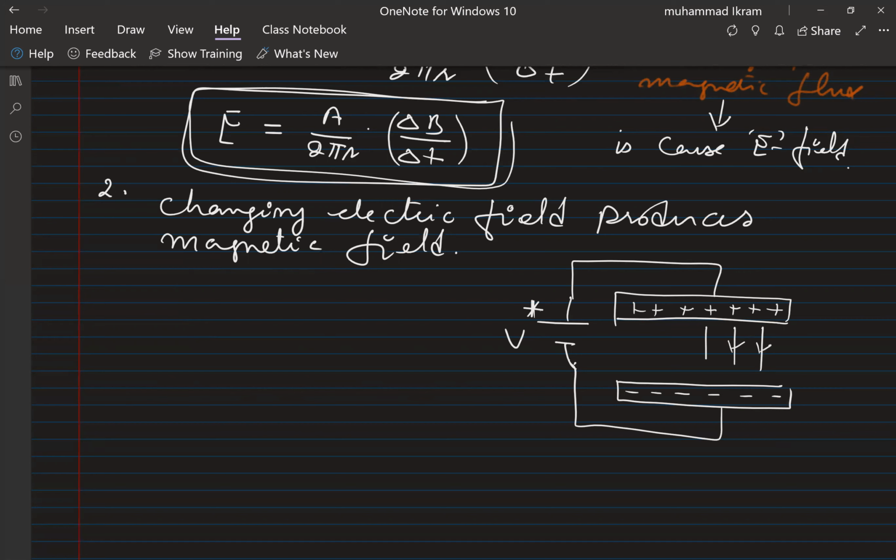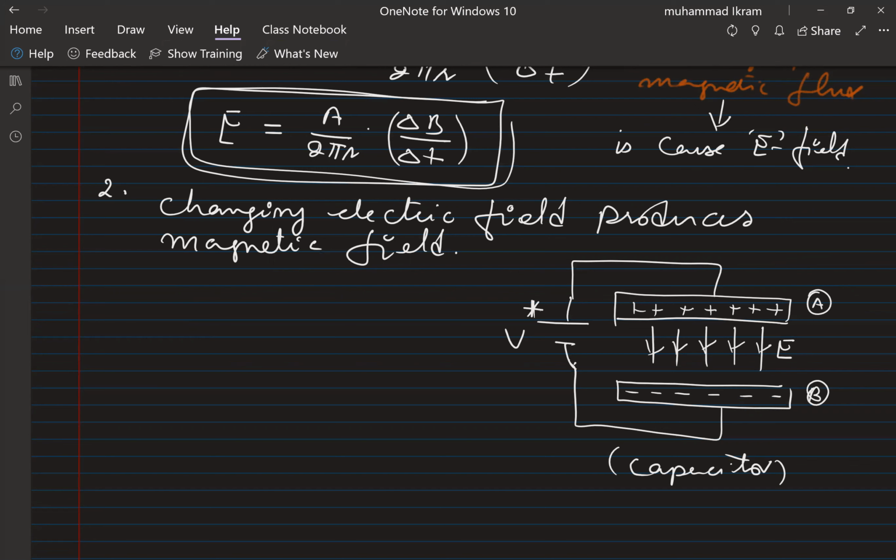As you see, look, a constant electric field intensity between the plate A and the plate B. This situation acts like a capacitor, right, where the medium is air.